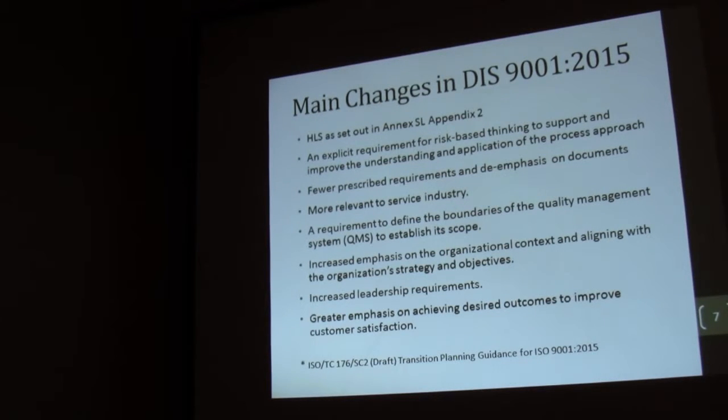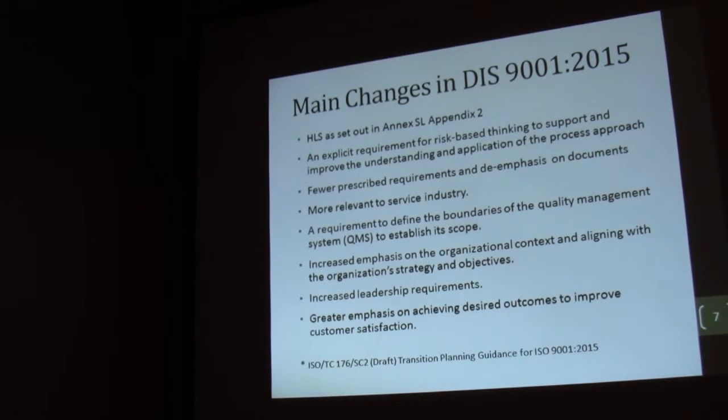Okay, main changes to the draft international standard is, of course, the high-level structure. It's more explicit requirement for risk-based thinking to support the improvement, understanding, and application of the process approach.